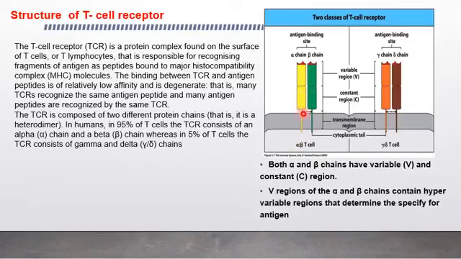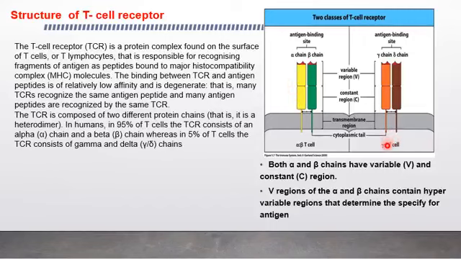So 90% of the T cell receptors are alpha and beta chains, whereas in the 5% of the T cells, the T cell receptor is a gamma and delta T cell.